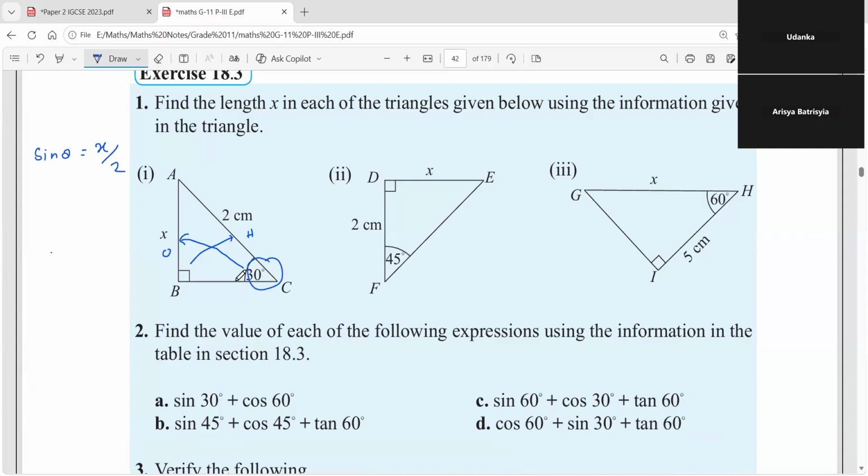Actually here mention what is the angle, sine 30. So you can write sine 30 equal x over 2.